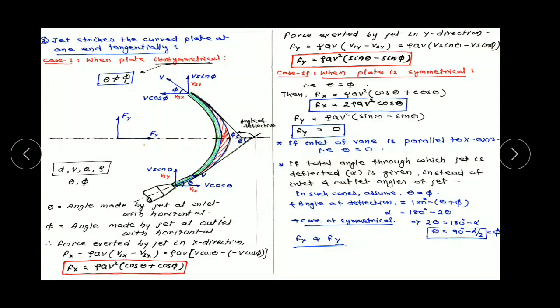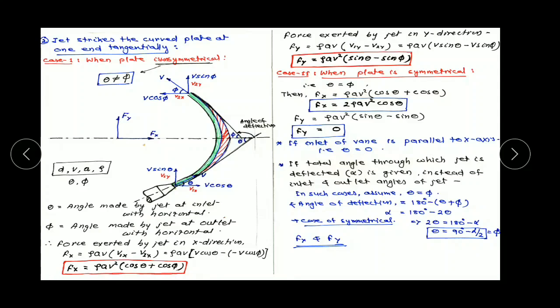By taking v common, Fy equals rho a v square into sin theta minus sin phi. These two are the forces exerted in the x direction and y direction.